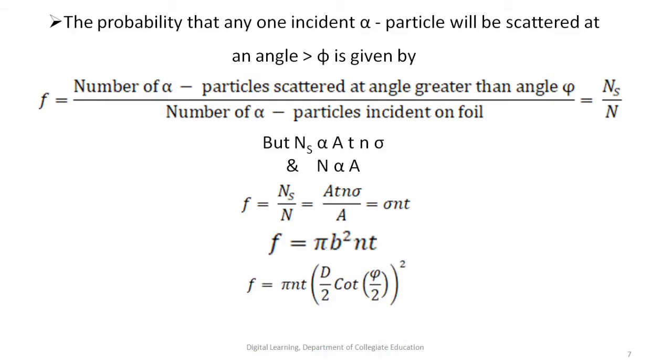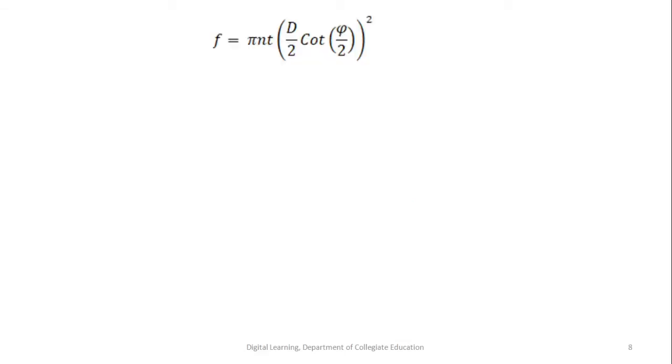We know the expression for the impact parameter, that is d by 2 cot phi by 2. Therefore F becomes pi N T into d by 2 cot phi by 2 whole square. d is called the distance of closest approach, and we know its expression: d is equal to 1 by 4 pi epsilon naught, 2 z e square by k.